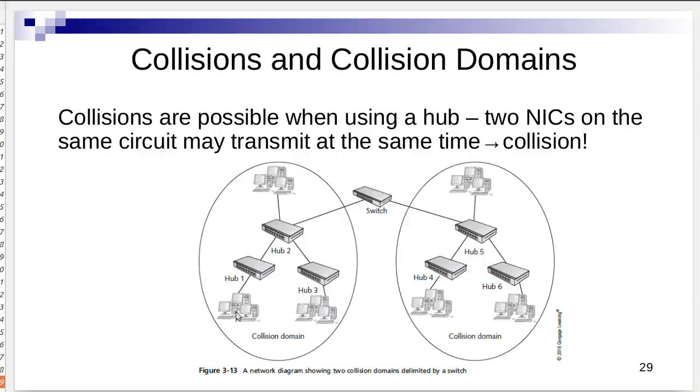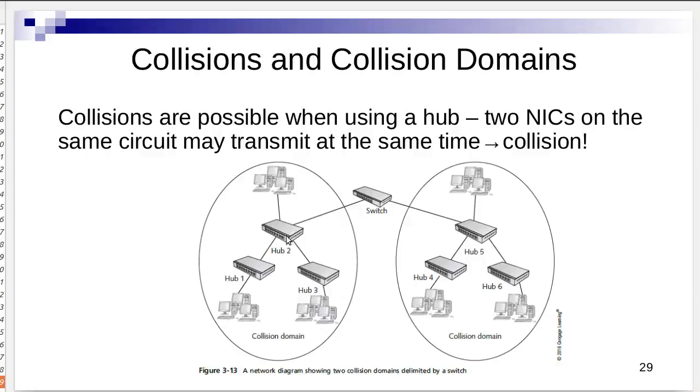And so the idea is that a computer over here sends a signal out, it goes out on all the ports, one of them being another hub. This sends it out on all the ports to the switch and to the hub. And let's say a computer over here sends out a frame at exactly the same time.